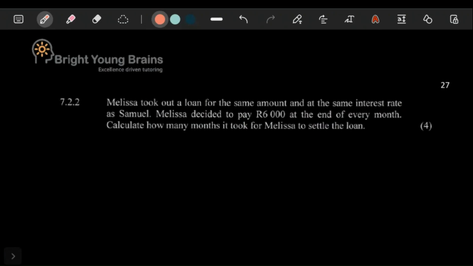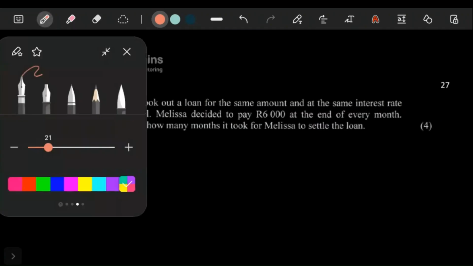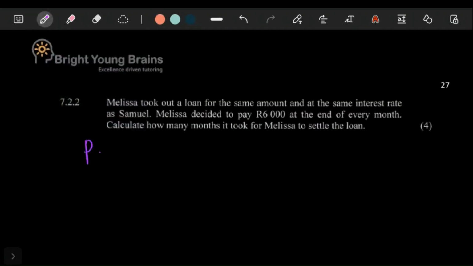Okay, so this is almost the exact same setup, but the only thing we're working out now is the value of n because everything else is given. So P, they said the same loan amount, so it's 500,000.